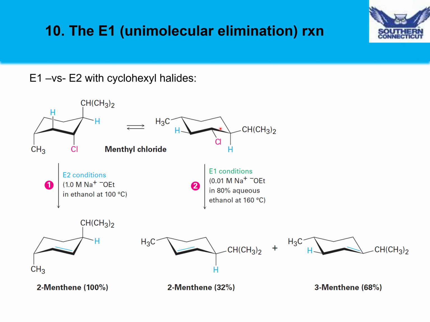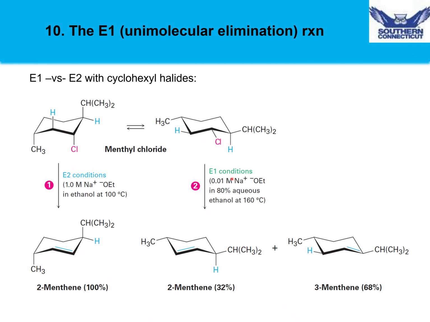This structure here is the same compound as we started with. It is, however, reacting under E1 conditions. Under E1 conditions, it doesn't matter which conformation we have, whether it's the one on the left or the one on the right. So under E1 conditions, this halogen would be removed, forming a carbocation, and it would happen the same way here.